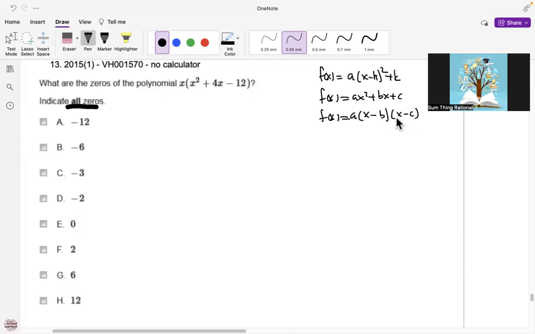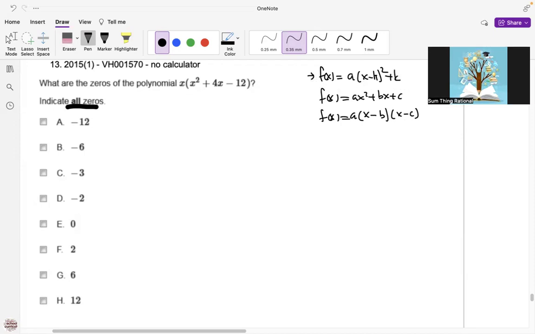When you write the polynomial in vertex form, the vertex is here, which is h and k. In standard form, the y-intercept is here. In factor form, you can find the zeros easily.